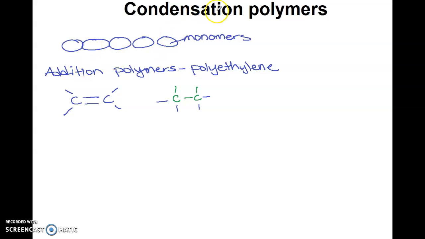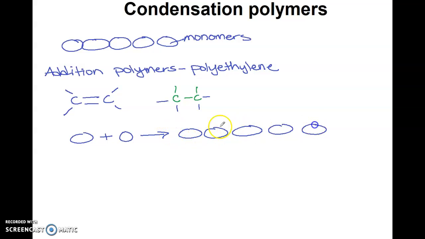A condensation polymer is when monomer plus monomer is joined to yield more monomers, and on and on and on, linked together. So a condensation polymer is one where the monomers are not added together through an addition reaction, but through a condensation reaction.